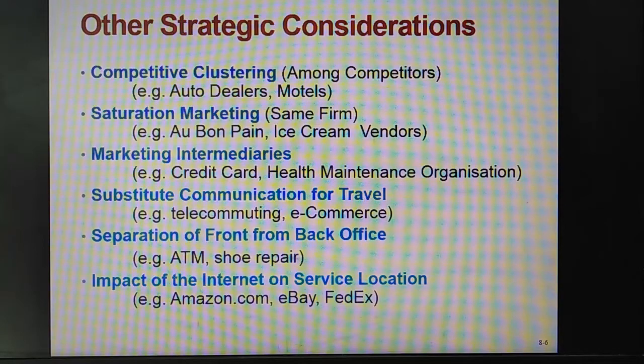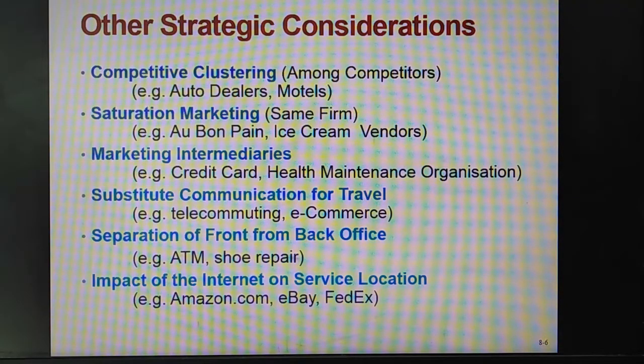And last but not least, another strategic consideration is the impact of the internet on service location. Nowadays, many businesses depend upon internet service as the main strategic force of their sales.